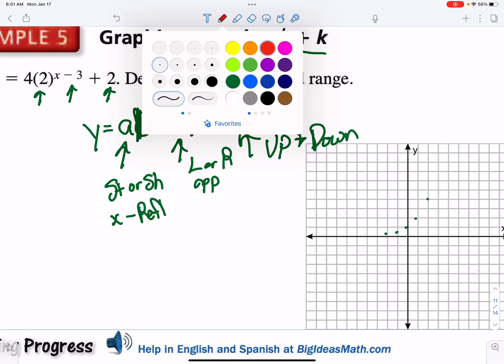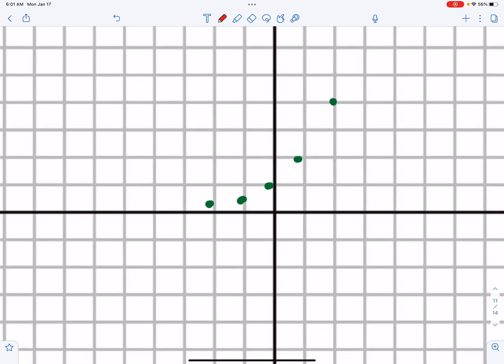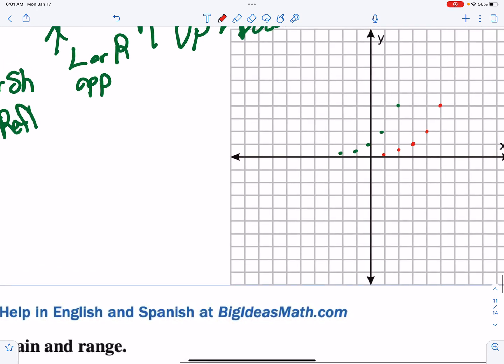So I'm going to take all those points and move them right 3. So there's that. Okay, so that moves them right 3.